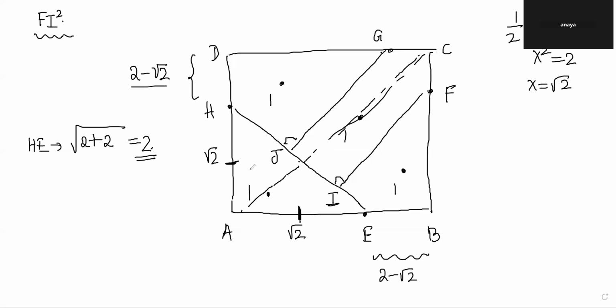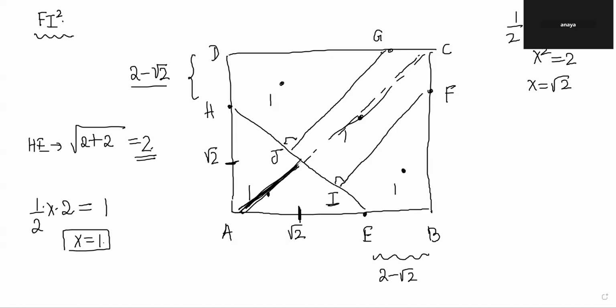The length of the diagonal, this part, we can find by doing area. Half into this part length into HE length is the same as the area of AHE, right? So half into X into HE's length, which is 2, is equal to area of AHE, which is 1. So this part is 1, right?